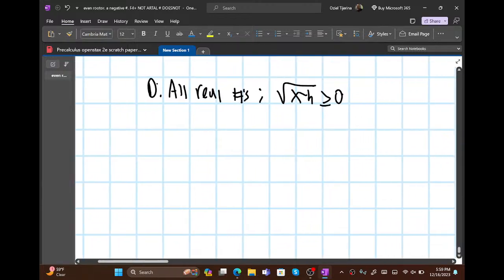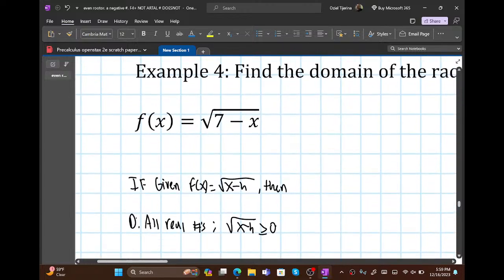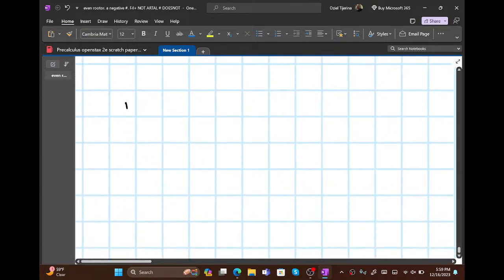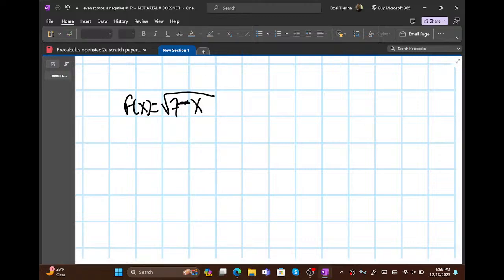So for this example, we want to go ahead and set the square root of 7 minus x greater than or equal to 0 and solve for x.